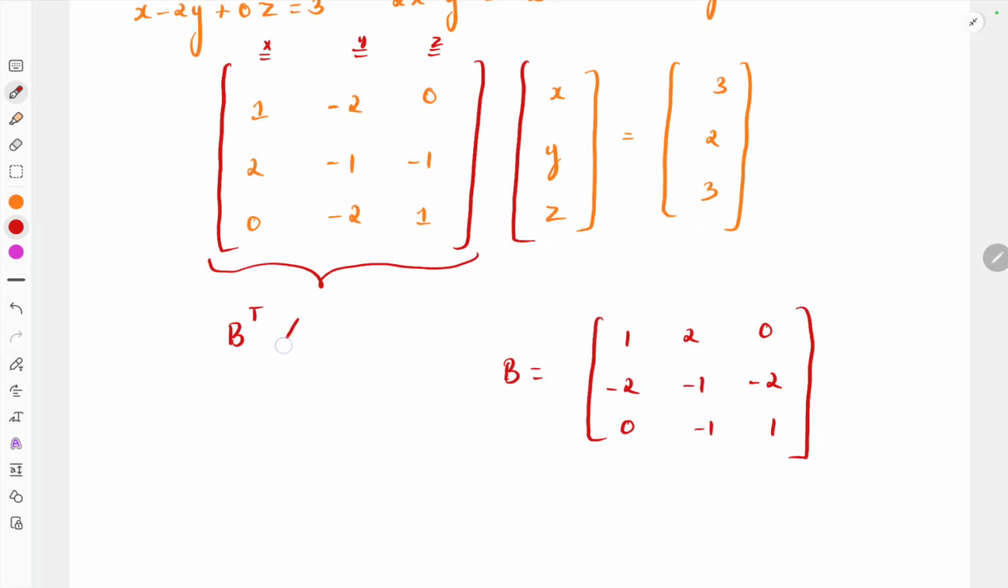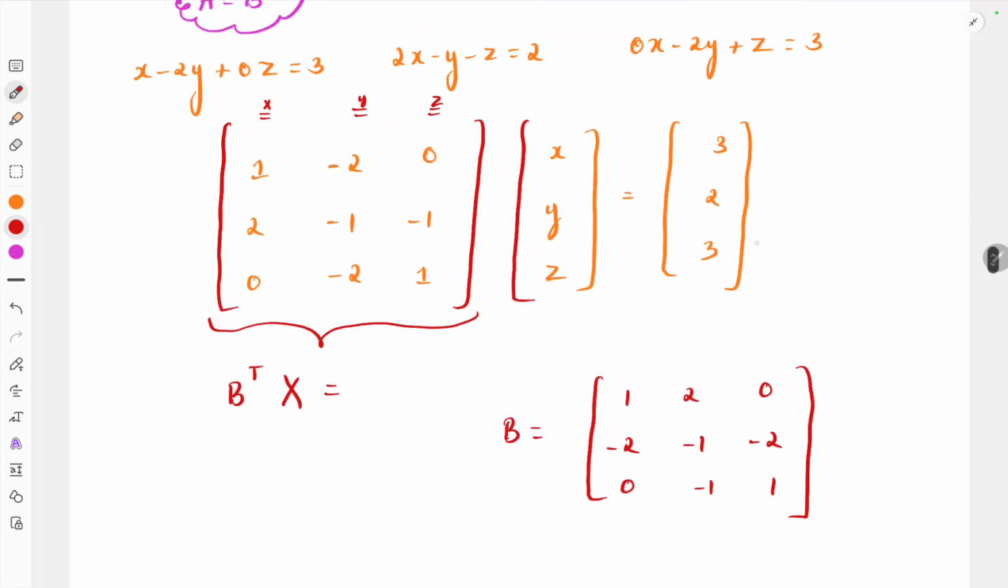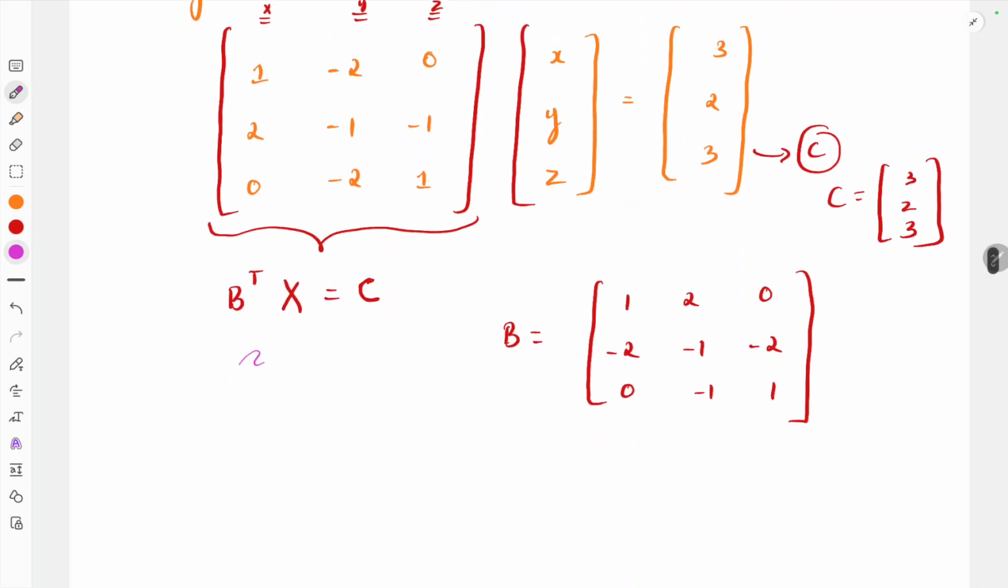So B transpose into matrix X equals, let me take some matrix C, you can take matrix C as 3, 2, 3. Now X will be equal to, pre-multiplying by the inverse of B transpose, B transpose inverse into B transpose, which is the identity matrix.